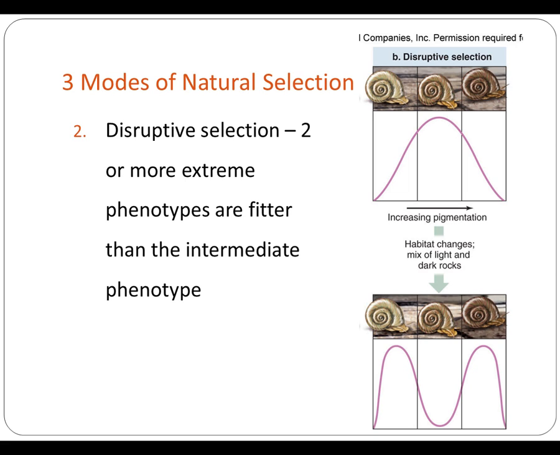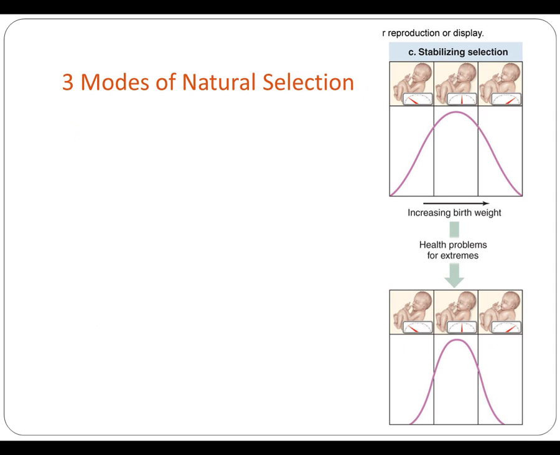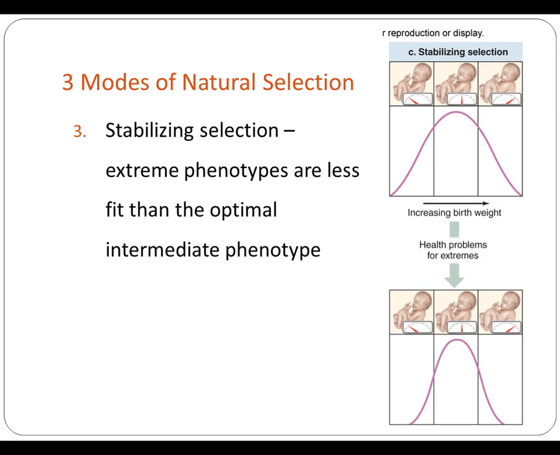And a third type of natural selection is called stabilizing selection. They have a great example of stabilizing if you look at human baby birth weights. And this is more like a bell curve, where it's almost the opposite of disruptive, where that blend is the preferred genotype and the extremes are not.